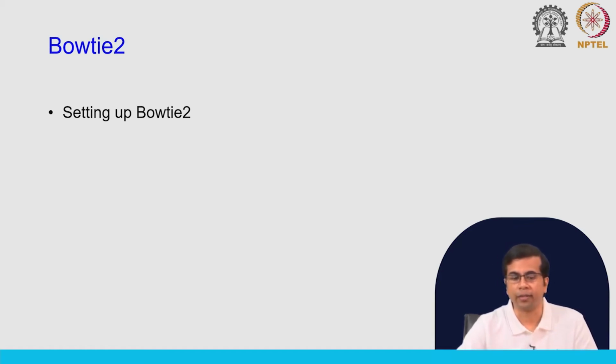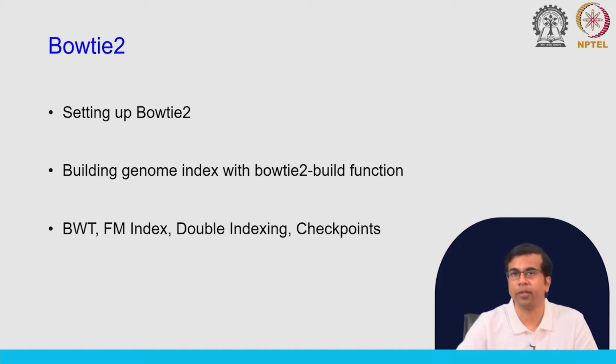Once this is done, we can do the genome indexing using the function called bowtie2-build, and we utilized that function in the last class to build the index for the Saccharomyces cerevisiae genome. We downloaded the reference genome from NCBI RefSeq for Saccharomyces cerevisiae, because we are dealing with data from this organism.